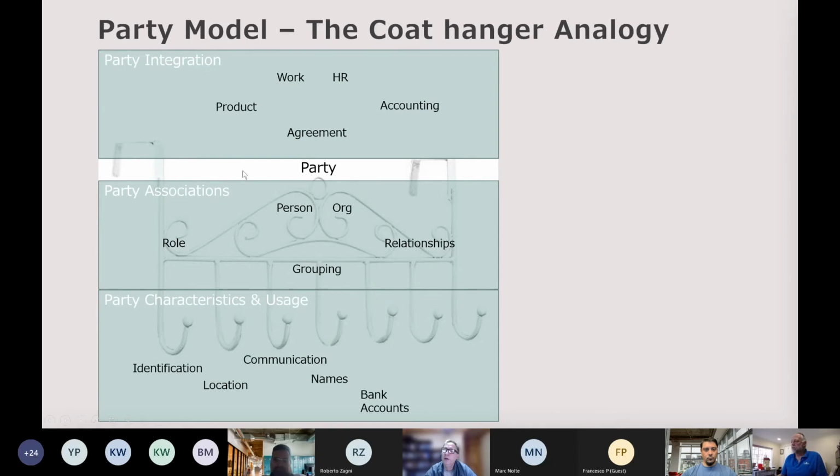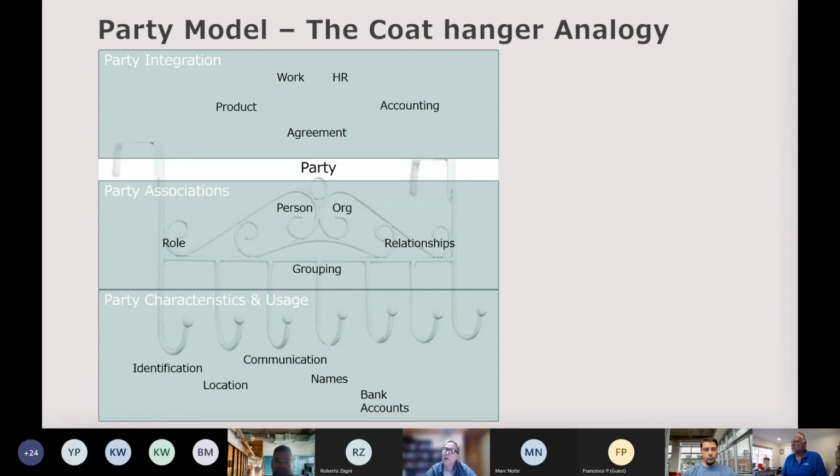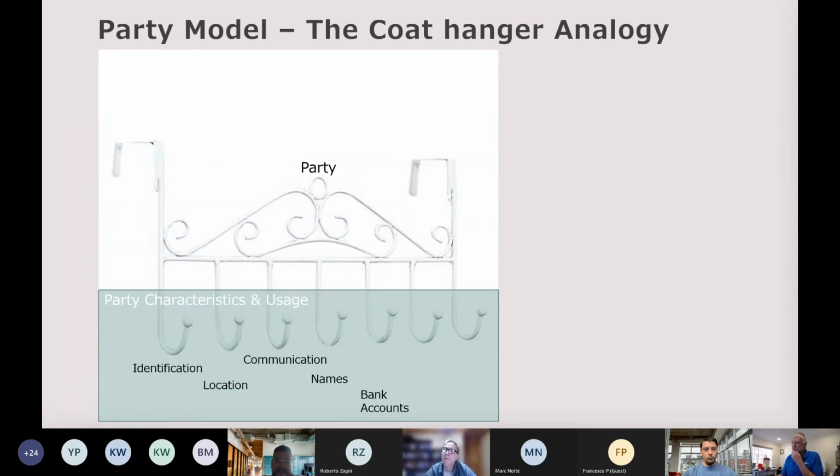Right. So I think, my understanding is that the first benefit we get is that these elements of the party, for example, identification, ID numbers, whatever that may be, an SSN or a South African ID number, are elements that go into an identification entity and not into the party entity itself.